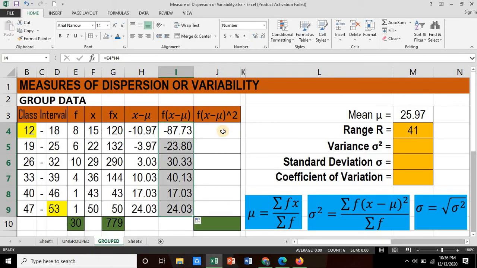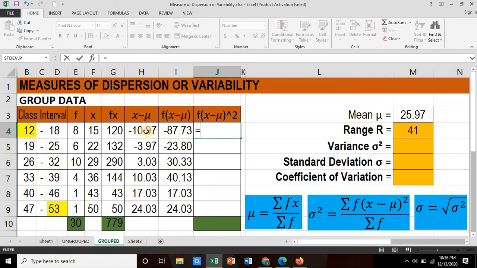For the final column, we need a product of these 2 columns, so it will actually yield the product of the frequency and the square of the difference of the midpoint and the mean. So this is now equals this column multiplied by this column. Press enter, and you have a value of 962.14 for the first class interval.